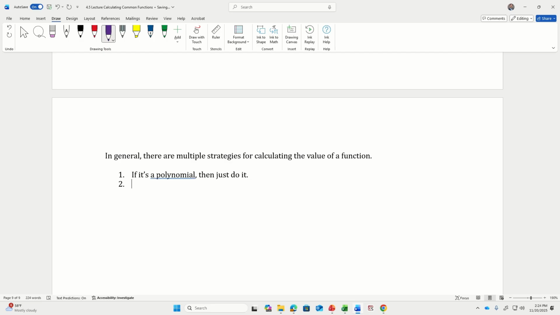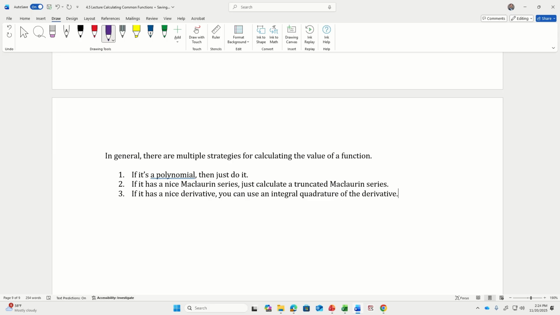Number two, if it has a nice Maclaurin series, just calculate a truncated Maclaurin series. What if it doesn't? Well, if it has a nice derivative, you can use an integral quadrature of the derivative.